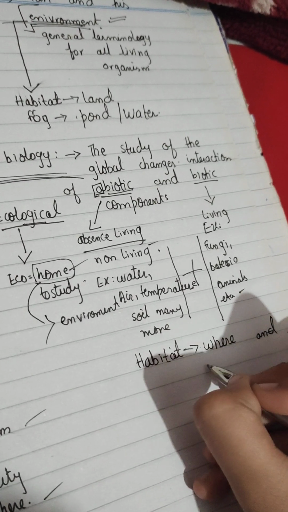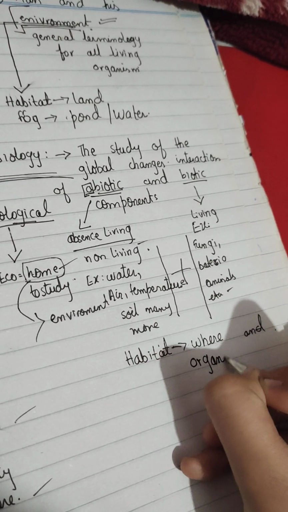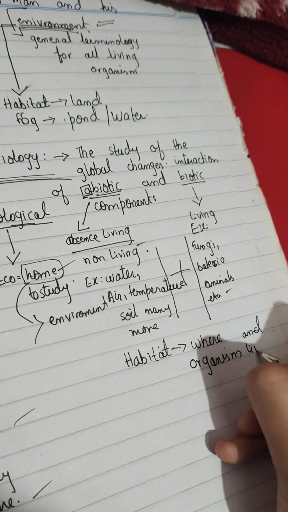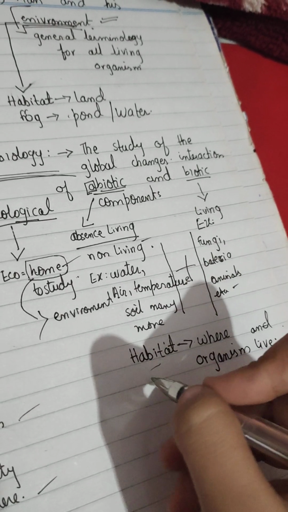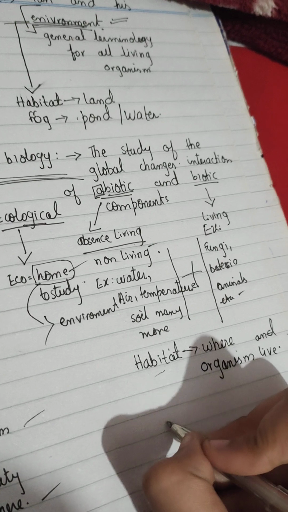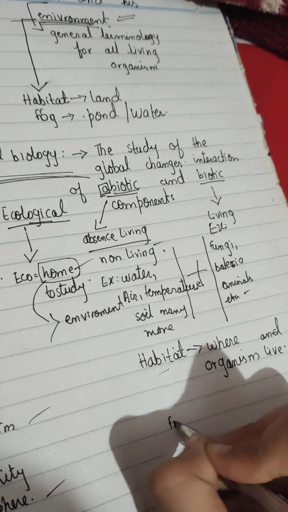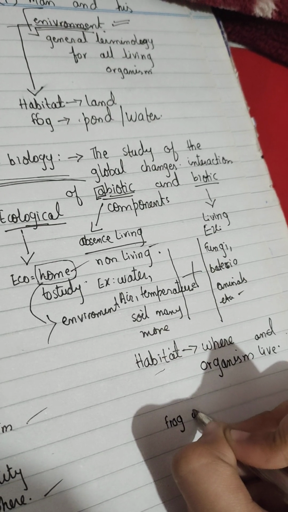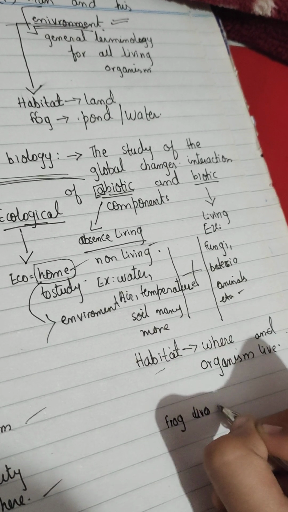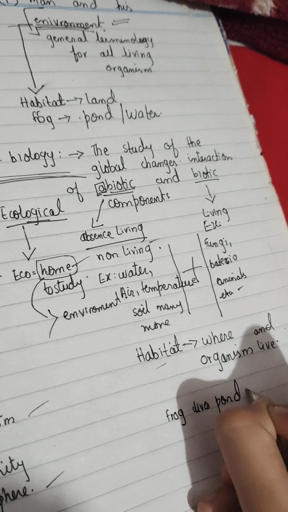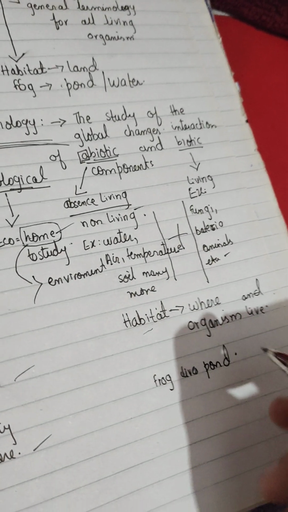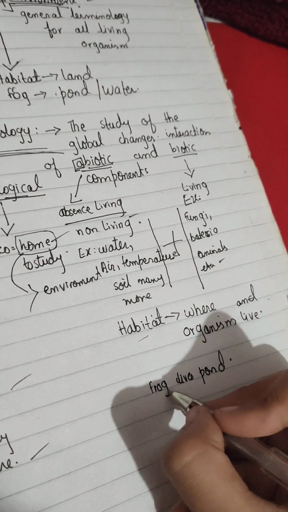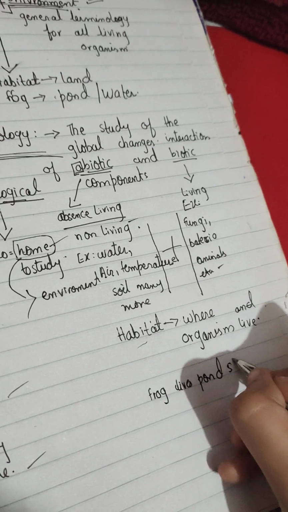For example, a frog lives in a pond, and in the pond they have the same species.